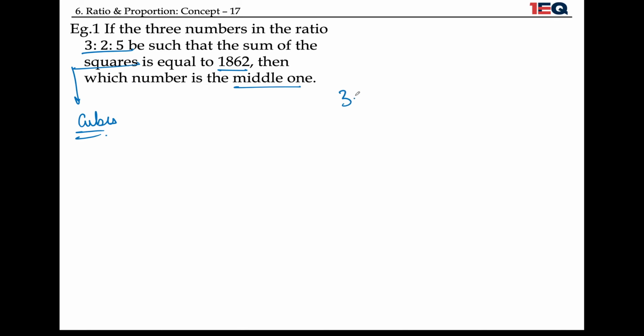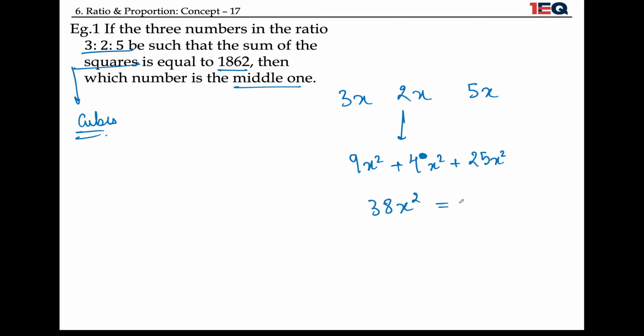I will assume that the numbers are 3x, 2x, and 5x. When I square all of them, they come out to be 9x square plus 4x square plus 25x square. 29 plus 9 is 38x square. This is equal to 1862.